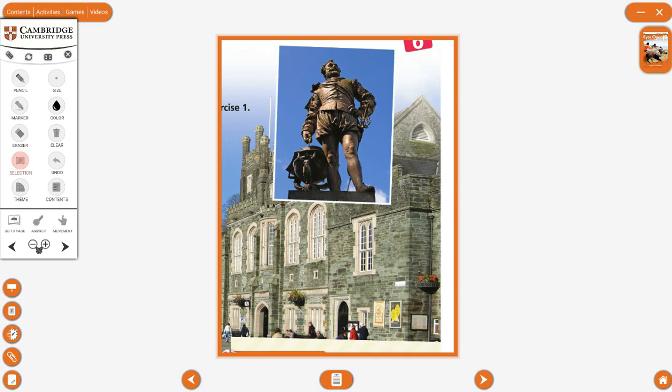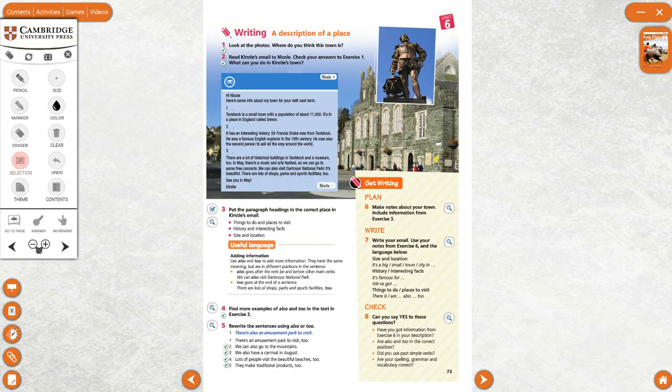Now, you can ask this question. Where do you think this town is? Maybe in America, maybe in England. Which one of them?